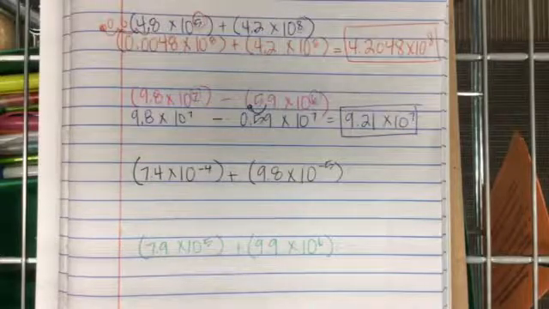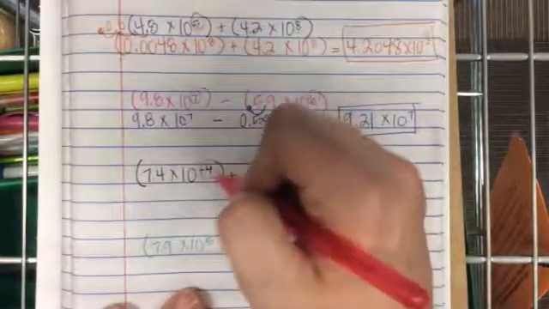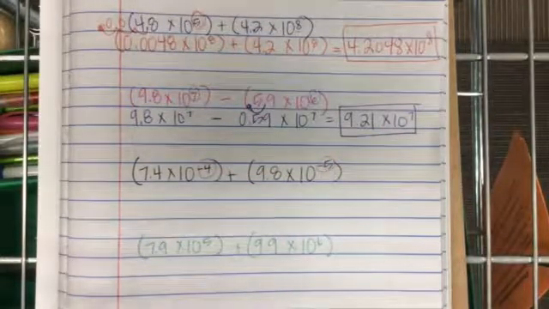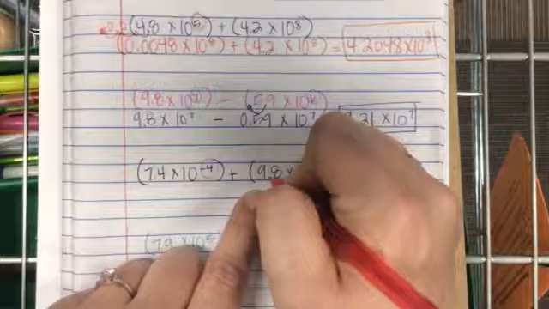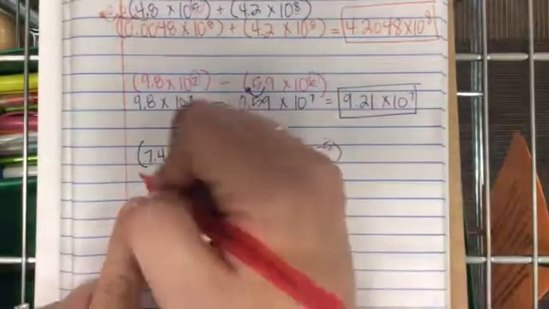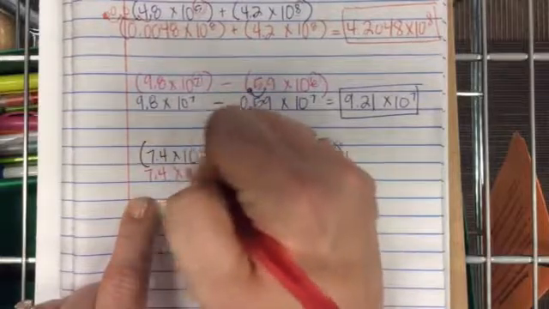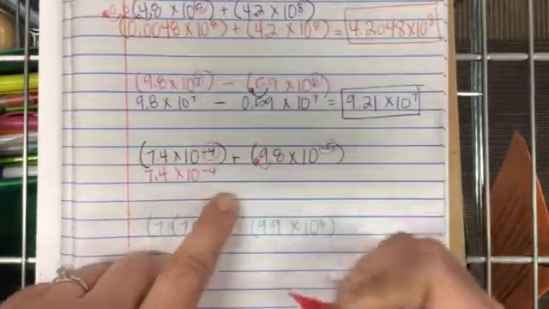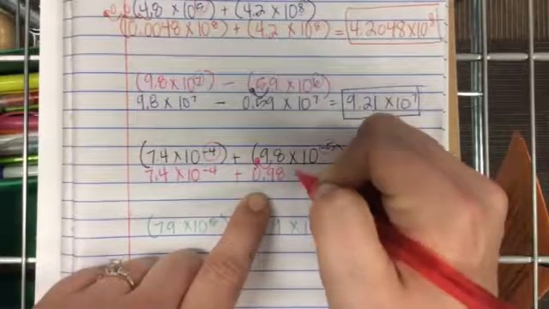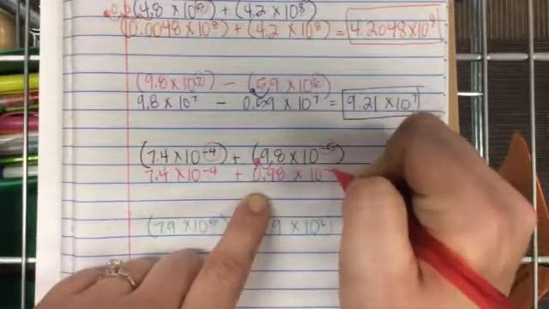Okay, -4 and -5, which one's smaller? -5 is smaller, meaning I move it once. So 7.4 times 10 to the -4th plus 0.98 times 10 to the -4th.